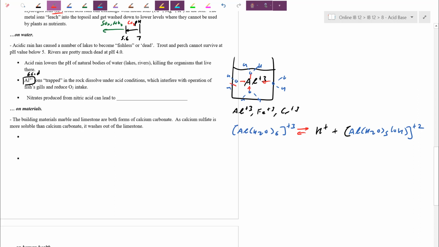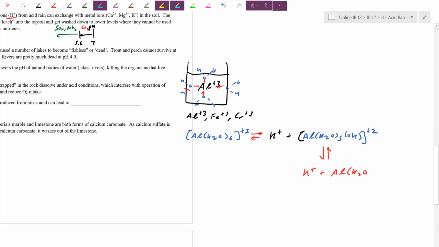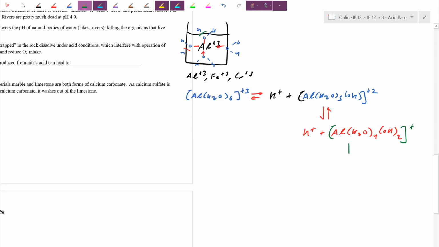Let me just show that here. This one by itself can end up forming H+. Then we have aluminum, now with only 4 waters left over and 2 OHs. These OHs would need to be a base, but because they're now covalently bonded, I'm not going to lose those. As I lose those 2 H's, I'm now a +1, and I'm probably going to do that one more time and end up with H+.